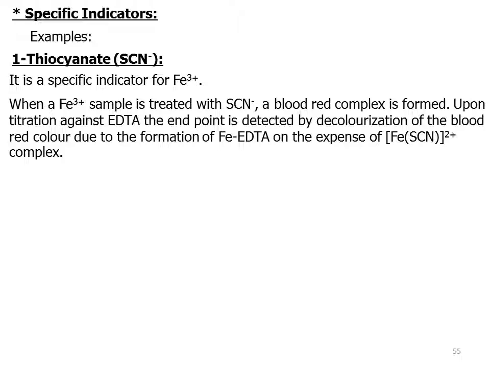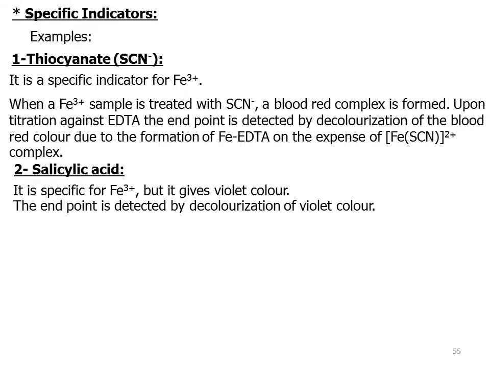Here, the endpoint will not be a change of color, but a decolorization of this blood red complex color. The same goes with salicylic acid, also with ferric, but it gives a violet color, and the endpoint is detected by decolorization of this violet color.